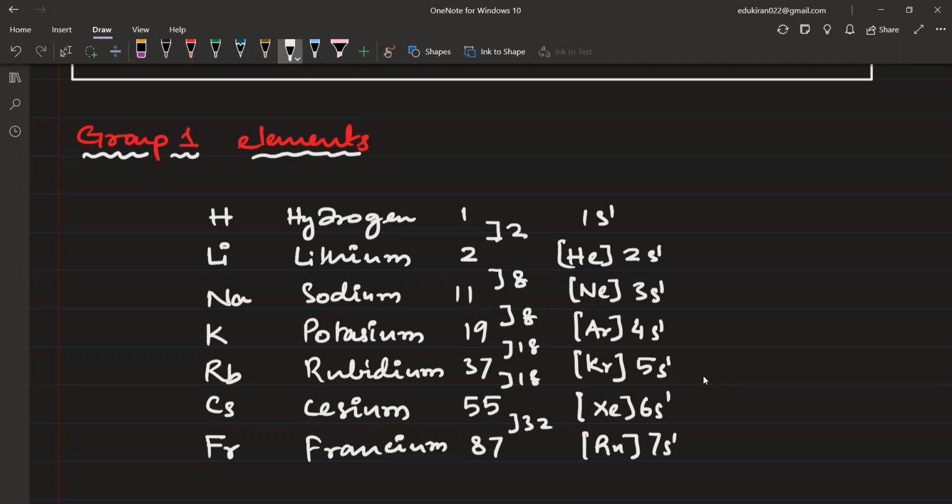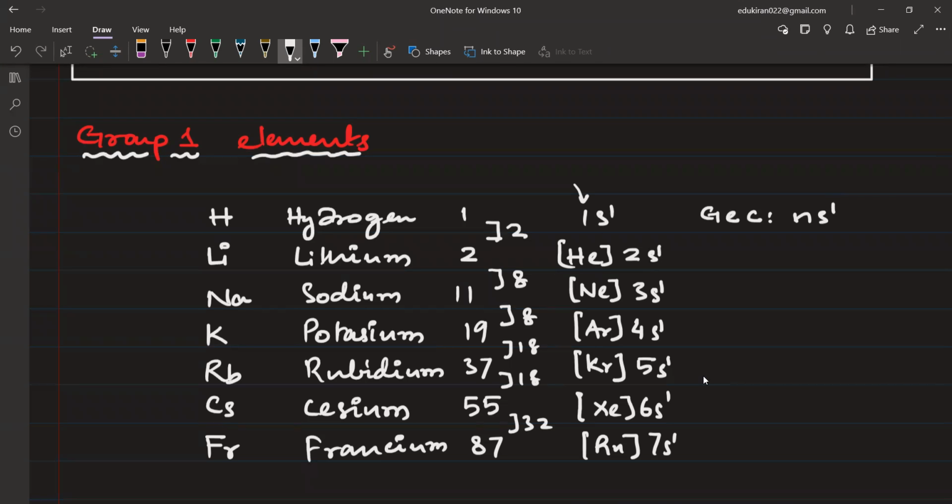Okay, and what is common? You can see that all of these, this one here is what? It is the period number: second is the period number, third is also the period number, fourth is also, fifth is also the period number for rubidium, six is the period number of cesium, and 7 is the period number of francium. So we can write the general outermost electronic configuration as ns1 for the group 1 elements. All of the group 1 elements will have the outermost electronic configuration as ns1.